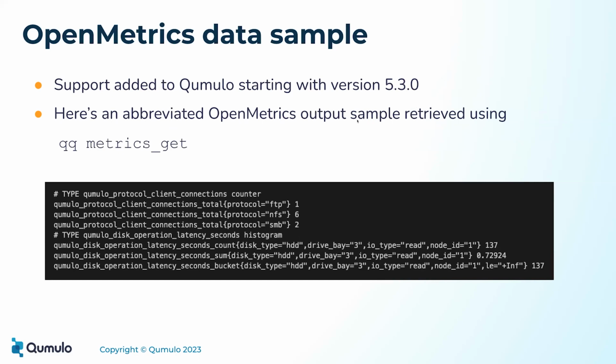If you go into our QQ CLI and run this command, qq metrics_get, you get an output of a bunch of text that has your data, with some keys and some values. This is a very abbreviated version of what gets sent, but this is basically the information being sent to your monitoring system through the API. And you get to see it's actually quite easy to read. It's very easy to understand what each of these key-value pairs provides for you.